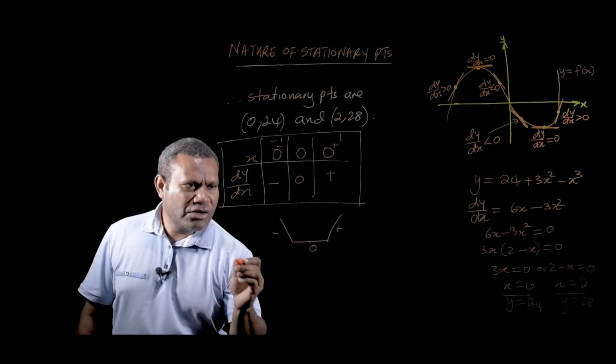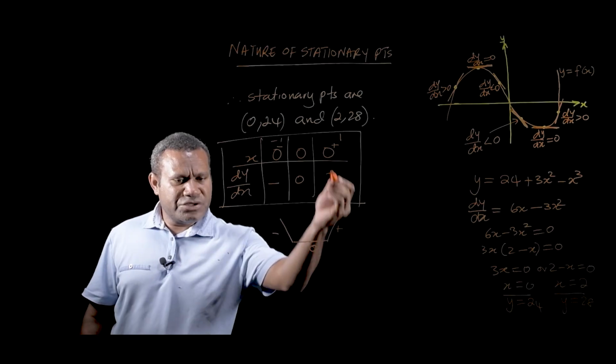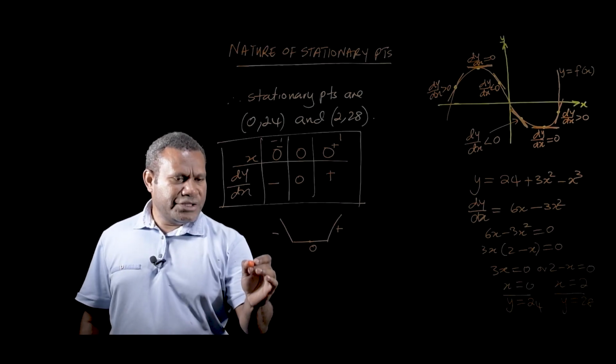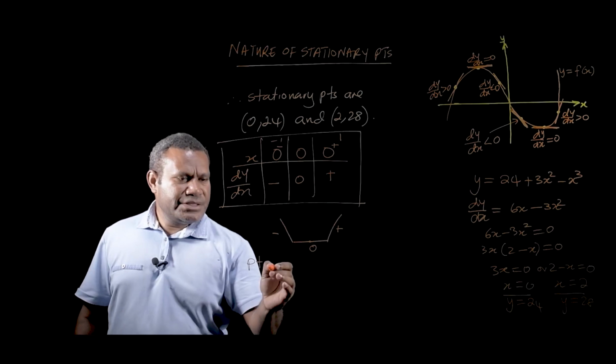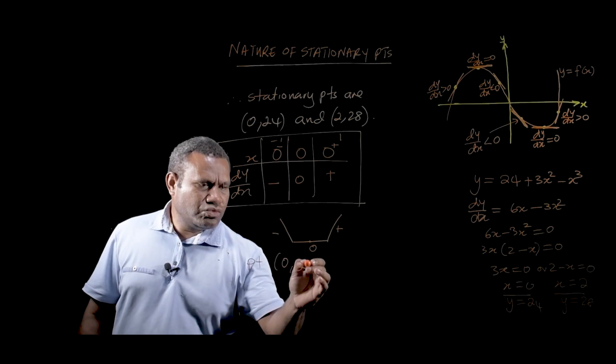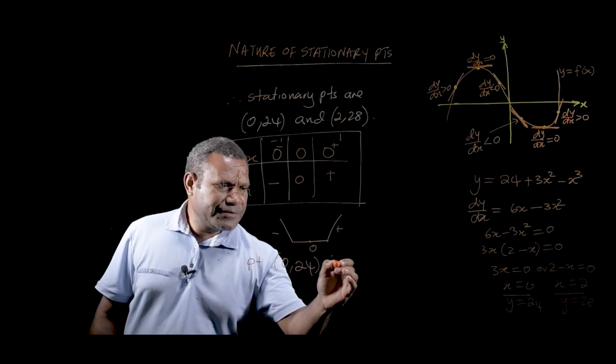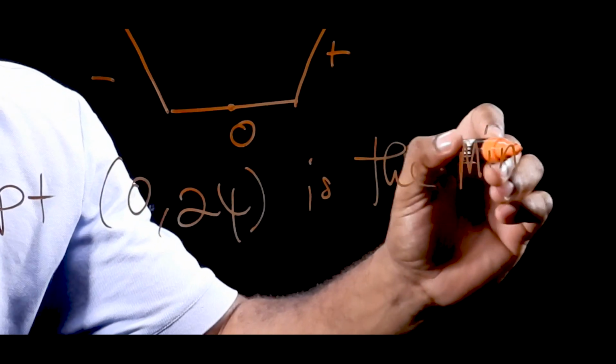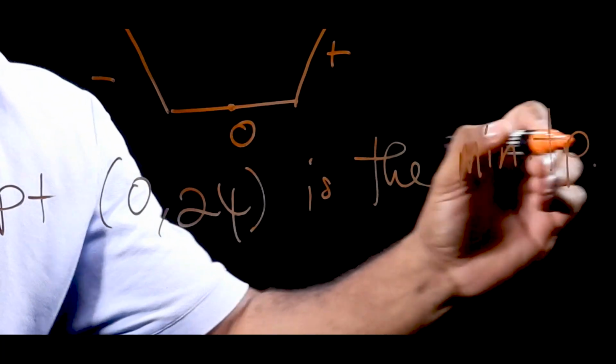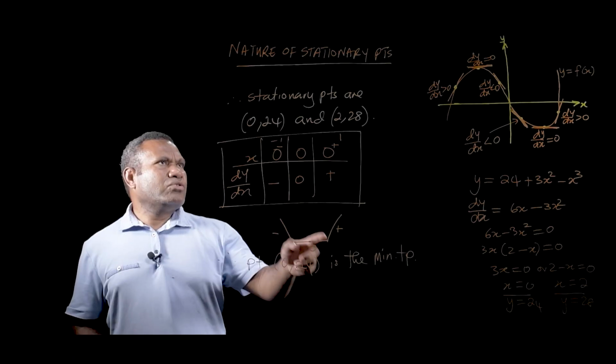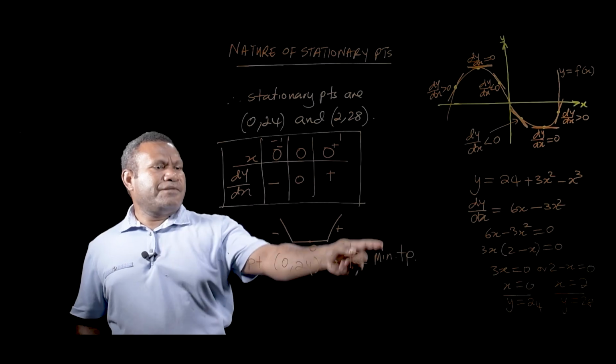Therefore, in conclusion, we'll say negative, 0, and positive. So therefore, point (0, 24) is the minimum turning point.